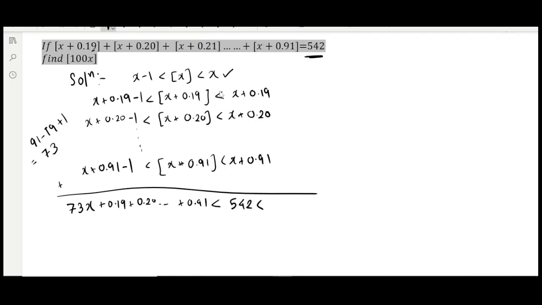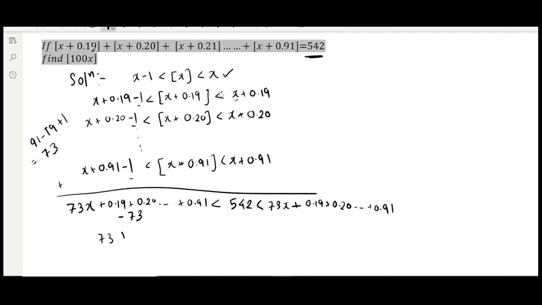Then minus 1 will also get added 73 times, so we will get minus 1 minus 1 minus 1 up to 73 times. Just to save time I have calculated this all over.